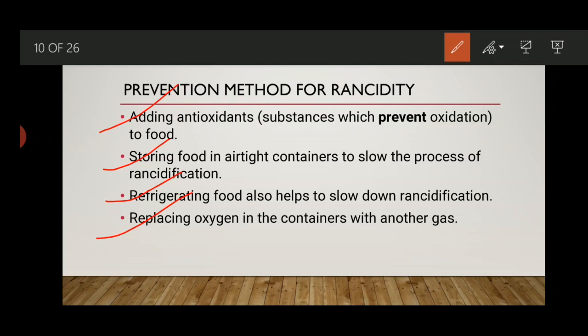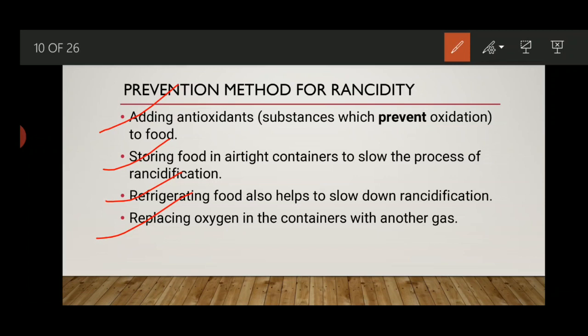See, whatever chips packets we see are preserved for a long period of time. How? Because in those packets nitrogen gas is filled, which protects our food material. So we will use antioxidants; salt behaves like an antioxidant, and there are many other chemicals which behave like an antioxidant to prevent our food from rancidification.